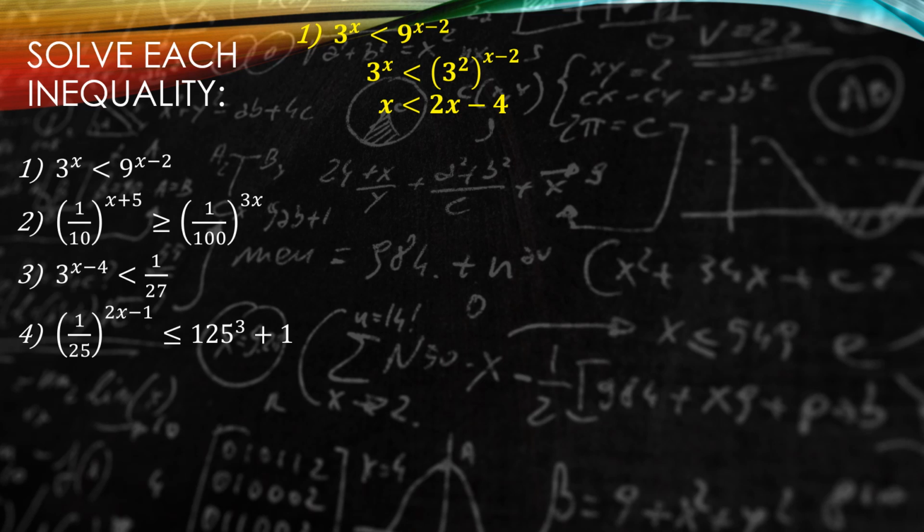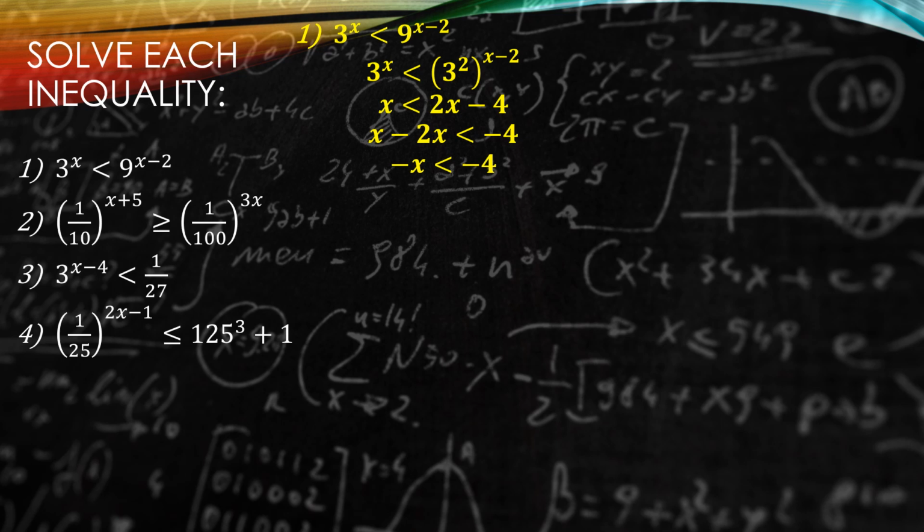So, para maging uniform ang ating solutions, okay, lahat ng x ilagay lang natin dito sa left side. So, magiging x minus 2x is less than negative 4. Okay, so x minus 2x, we have negative x less than negative 4. So, kanina, sa previous na slide, sinabi ko mag-flip ang kanyang inequality sign if number 1, yung base niya is less than 1, and number 2, mag-flip ang kanyang inequality sign if magde-divide tayo sa both sides ng negative number.